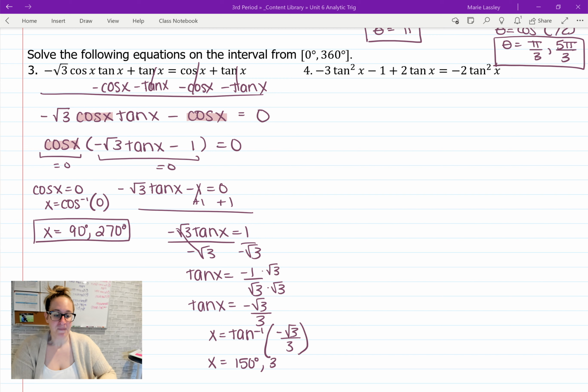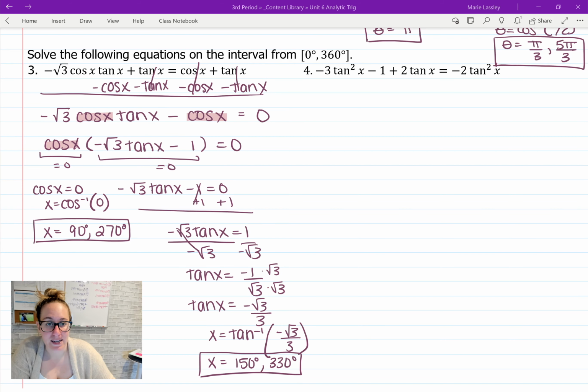All right, moving on over to the last one. So this one is all tangent, which is nice. In this problem number 4, it's all tangent, so we don't have to worry about switching from tangent to something else or using an identity. We can just move everything over to one side and probably factor.